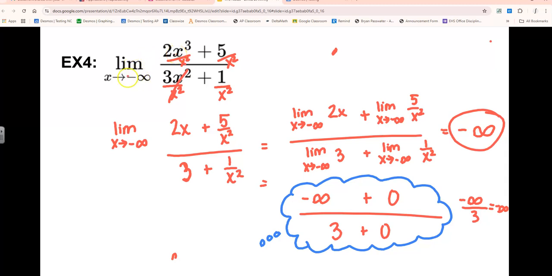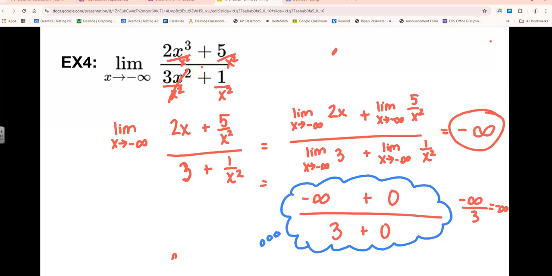Because in this case where we were approaching negative infinity, our answer was negative infinity, because that highest exponent was a positive number times negative infinity, theoretically, which gave us negative infinity. If this was positive infinity, then we would get positive infinity for our answer. So you do have to think about those a little bit closer.